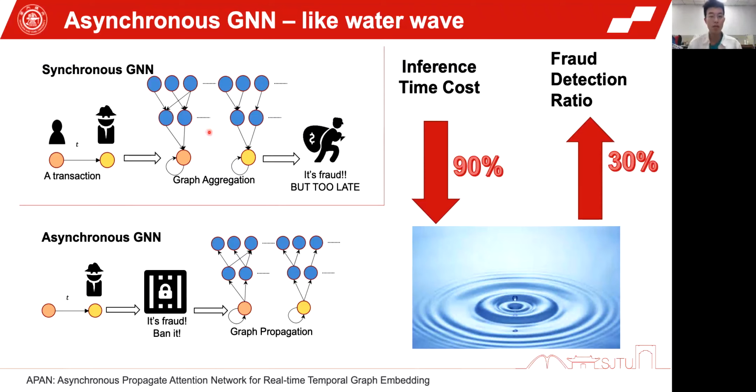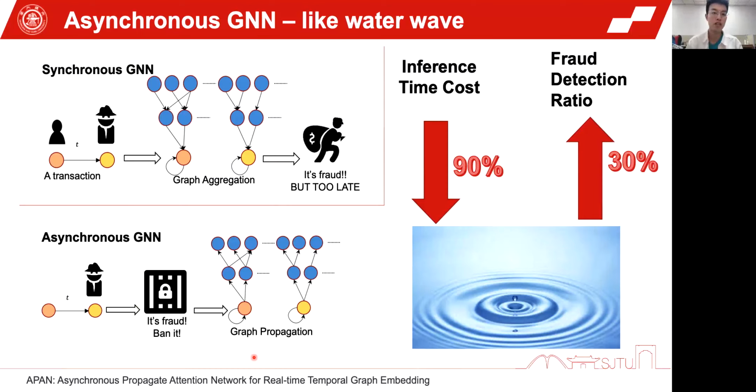So in our proposed asynchronous GNN, we don't need to query neighbors before the final inference, the final decisions. We use the last updated embedding to predict a conclusion that this transaction is fraud or not fraud, and then we propagate the inference of this transaction or this interaction to their neighbors.